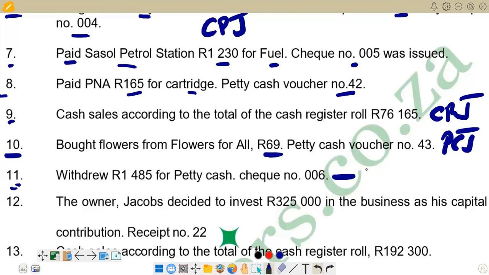So on the cash payments journal, we are going to enter our 1,485 on day 11, check document number 006 there. So this is what we are going to do there on the cash payments journal. So we can go there and enter that one.